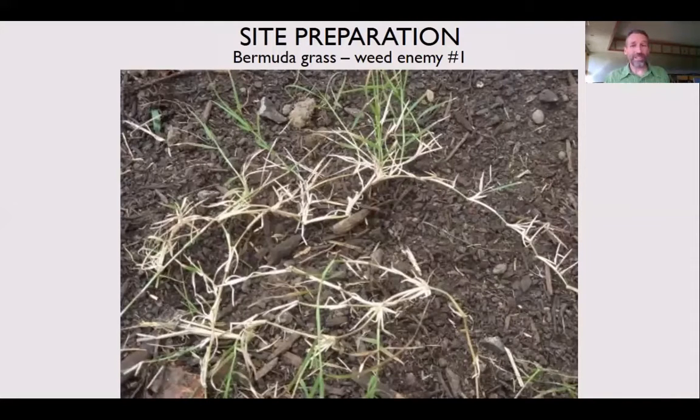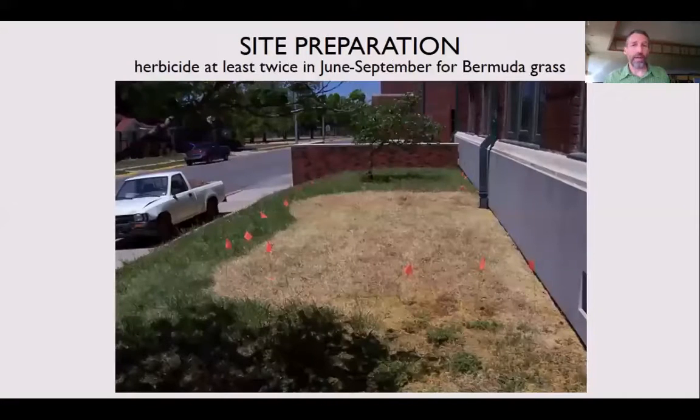So one of the best ways I know is to start with an herbicide treatment of glyphosate. That's the active ingredient in what used to be called Roundup. It lost their patent on that, or the patent ran out. And so anyway, doing an application or 2 or 3 if it's needed during the warm season months of June through September, when Bermuda grass is growing best and most susceptible to the herbicide, is what I've found to be the most successful for getting rid of it.